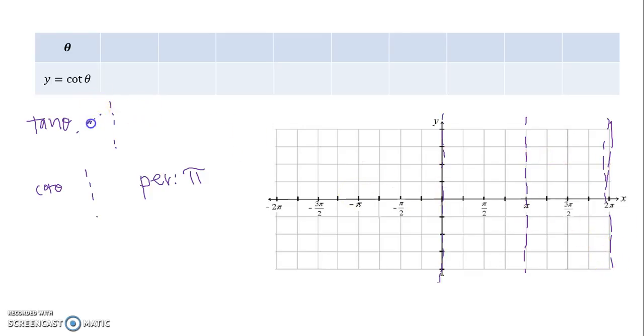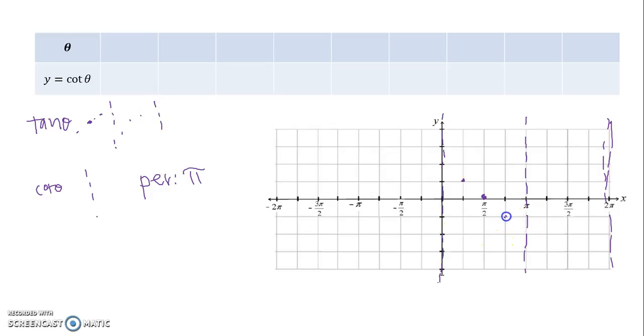So again, tangent started at the 0, went up to the right. So at that first dot, it was at 1. I'm still at 1. Sometimes I find that's a little confusing to think of it that way, but I'm going to walk you through this and I'll do the table as well. The next dot was an asymptote, so now it's at 0. My next dot would have been down here so that I can have that same pattern repeated.